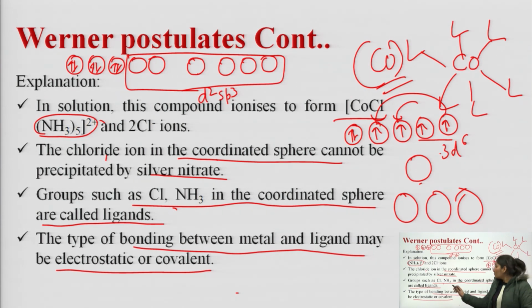Groups such as chloride and amine in the coordination sphere are called ligands. So, there are 6 ligands bound to the cobalt ion. So, the coordination number of cobalt is 6, and this type of bonding between the metal and ligand may be electrostatic or covalent.